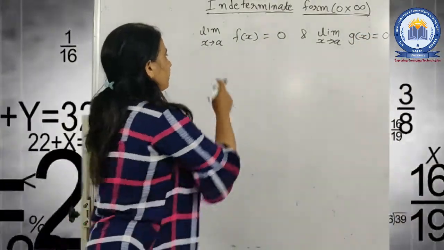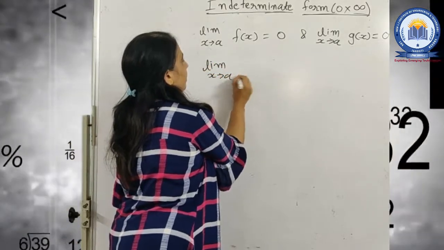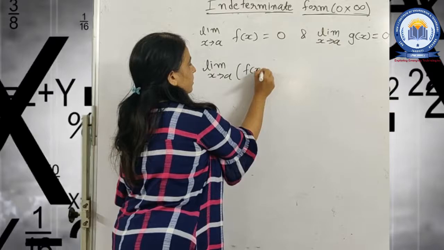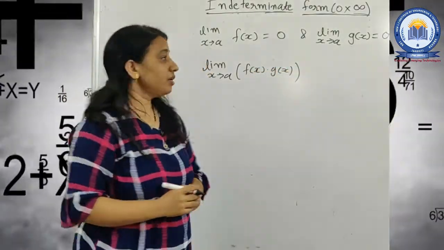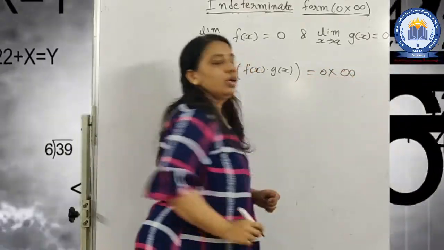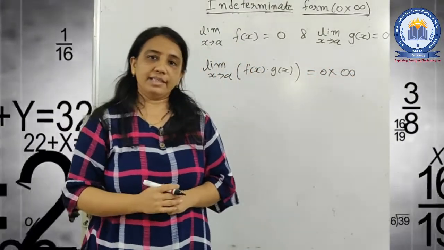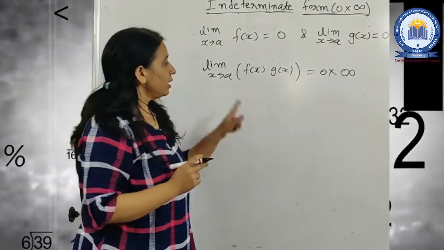So what happens? Limit x tends to a f(x) into g(x), that will become a 0 into infinity form. So again, as with infinity minus infinity, we'll convert it into what?